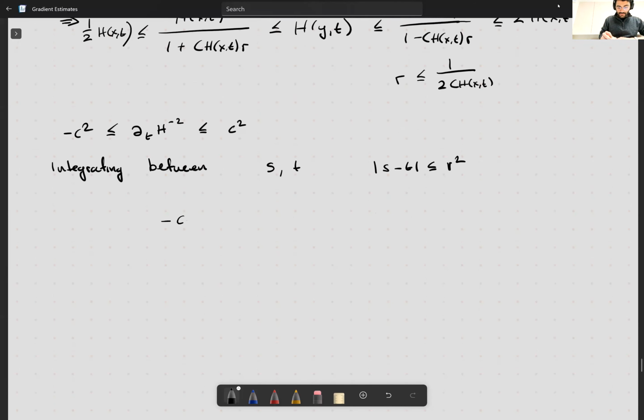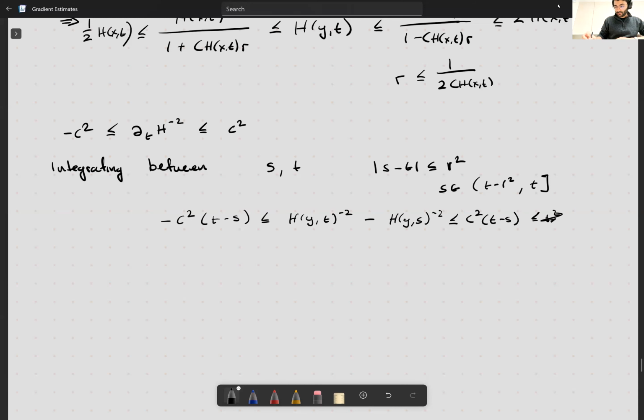Then I get minus c squared (t minus s). So s is in t minus r squared, comma t. So s is less than t. h(y,t) to the minus 2 minus h(y,s) to the minus 2 is less than or equal to c squared (t minus s). But I know that these are both less than or equal to c squared r squared.